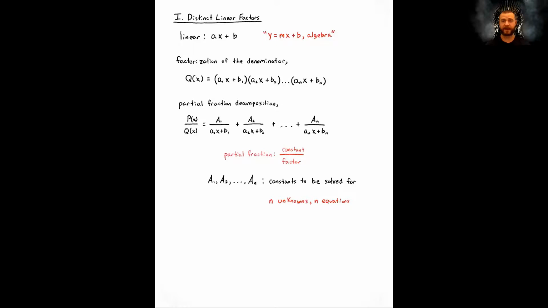Let's focus on the first factor, a1x plus b1. We get a partial fraction of the form, a constant, capital A1, divided by the linear factor, a1x plus b1. And for each factor that's linear in your denominator, we get a related partial fraction. They all have the form a constant divided by that matching factor.